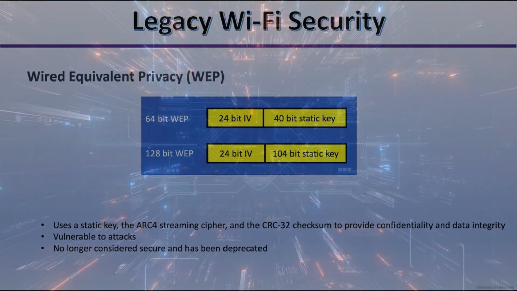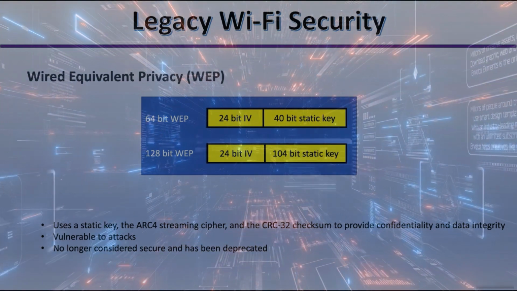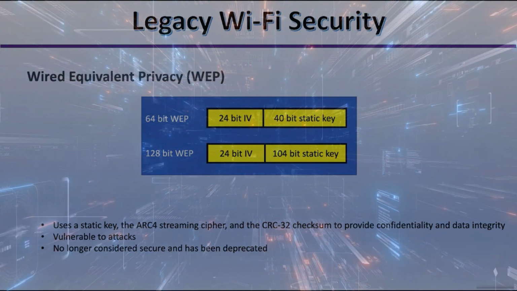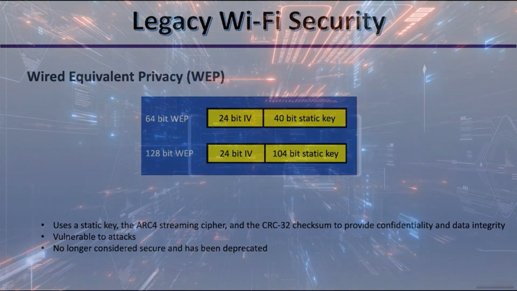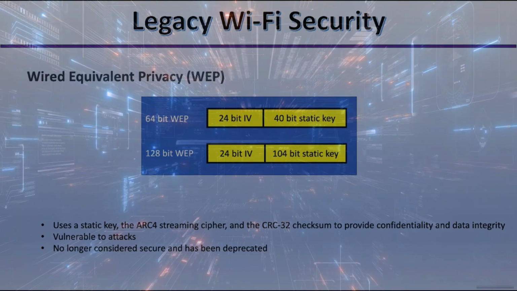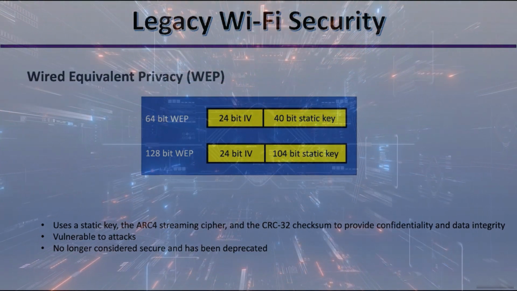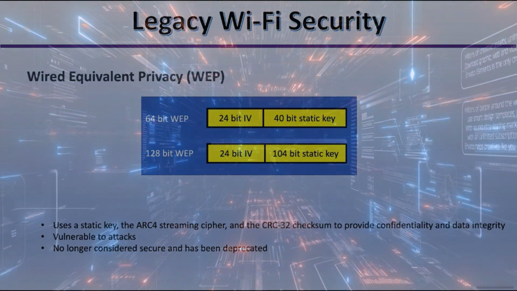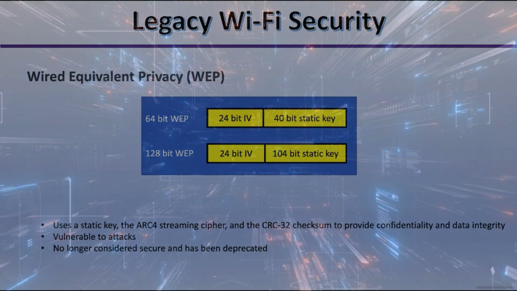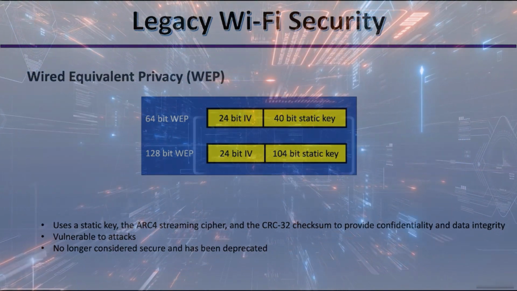The IV was sent in clear text, which means that an attacker can intercept it and perform a replay attack. In addition, there's only a limited number of possible IV combinations, which means they could be reused, and this makes the encryption vulnerable to attack. As a result, WEP is no longer considered a secure method of encryption.